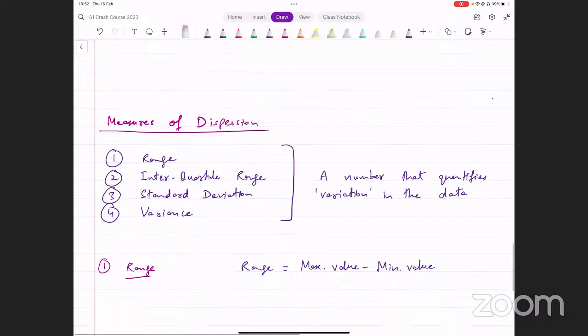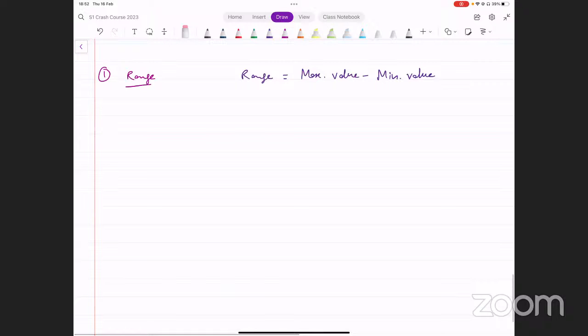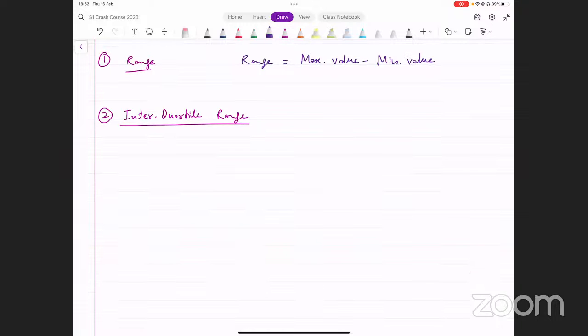Still, there's a better measure than range that's called interquartile range. Now, how is this calculated? Interquartile range. Now, there's a specific method for this that we use here for ungrouped data, and you should make sure that you use it as it is, as I'm going to be explaining here.